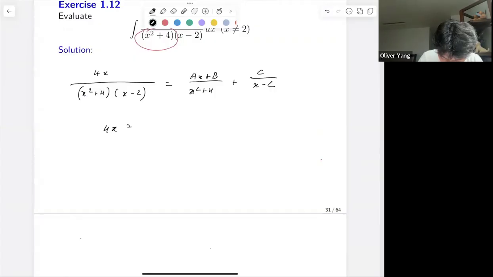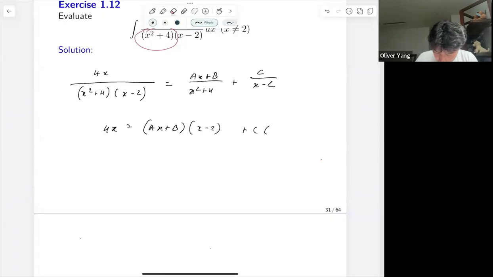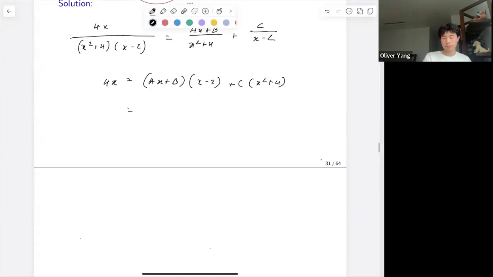So 4x equals (ax plus b)(x minus 2) plus c(x squared plus 4). Okay. And then we're just going to equate coefficients. Do I want to expand it? Yeah, let's expand it.